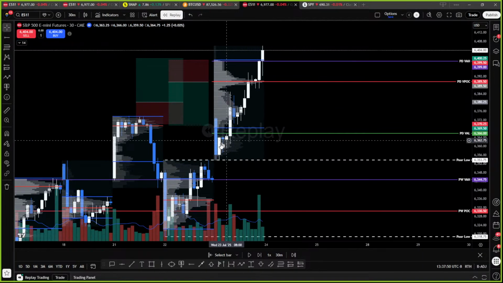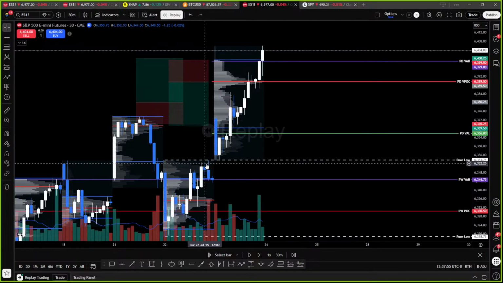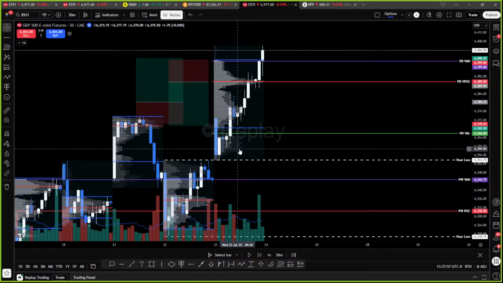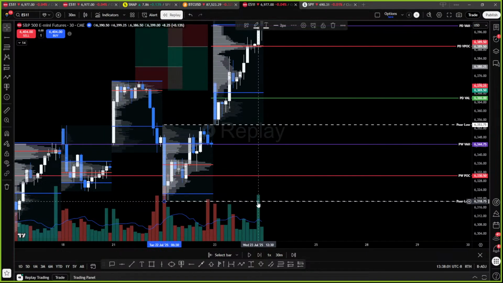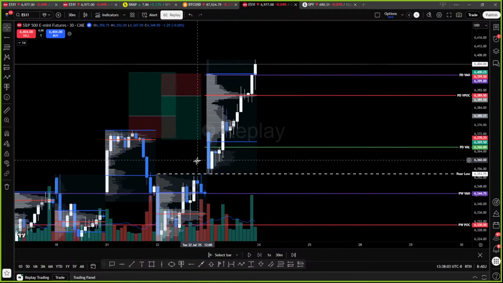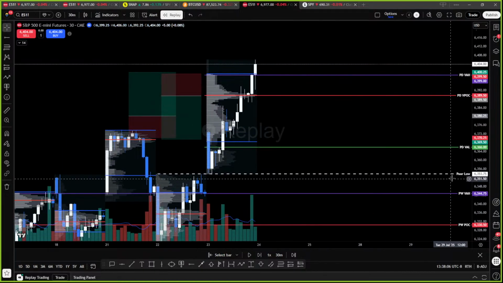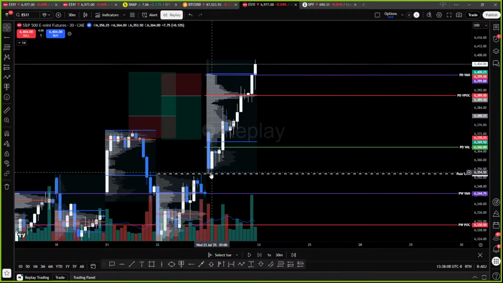Oh, that's weird. I marked this poor high as a poor low, and now it's a poor low. That's convenient. No, I'm saying it was a poor high, but I marked it as a poor low, and now it became a poor low.